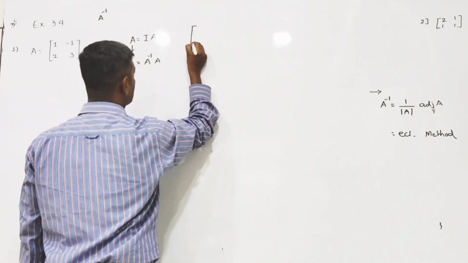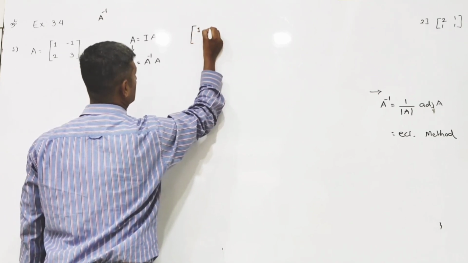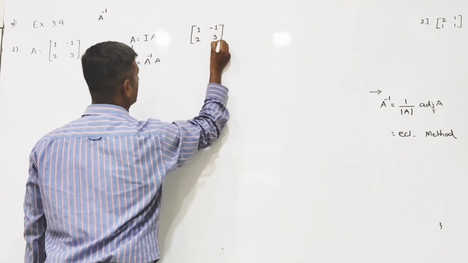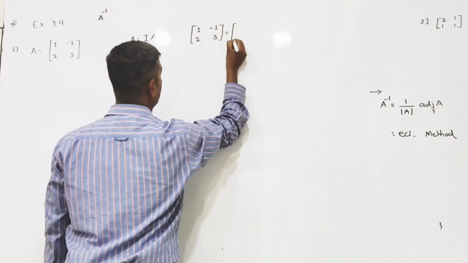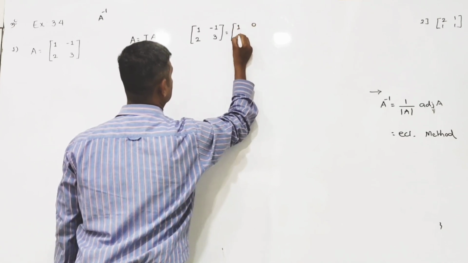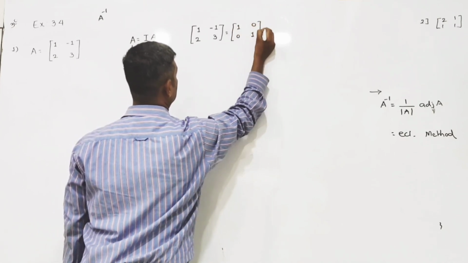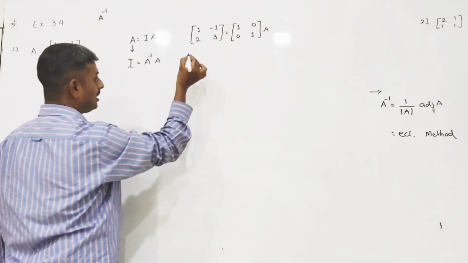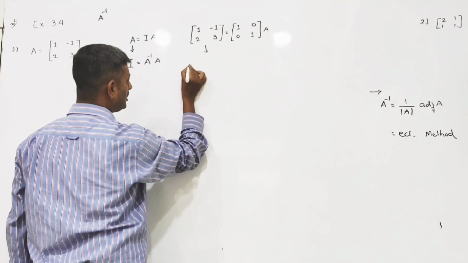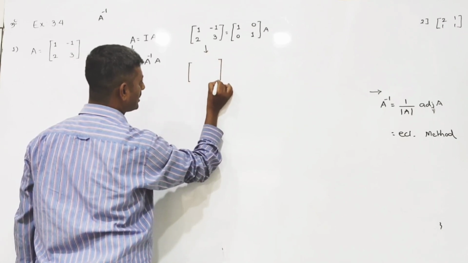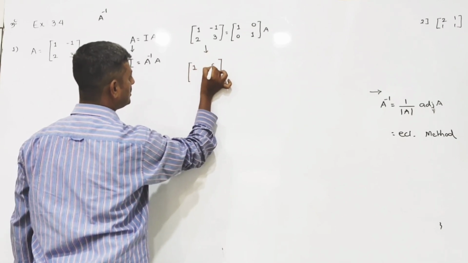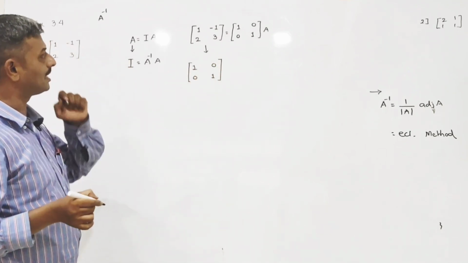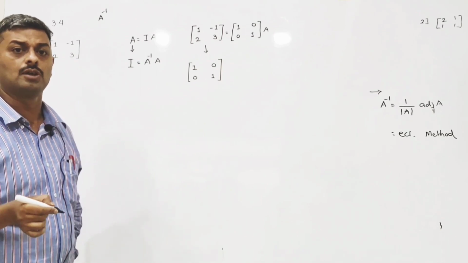Our example matrix [1, 2; -1, 3] is equal to I, that is [1, 0; 0, 1], into A. This is our starting point. I want to convert this into the identity matrix.